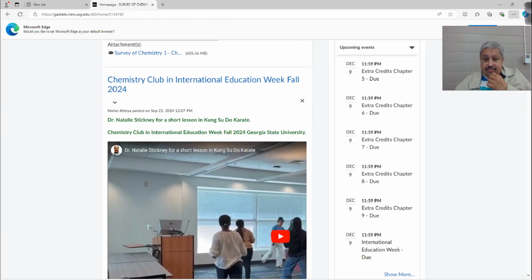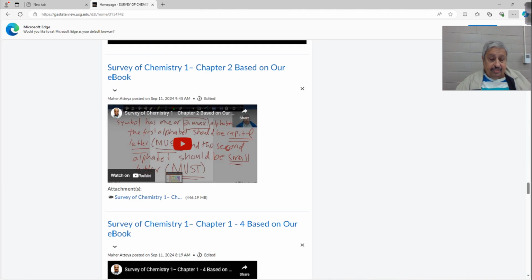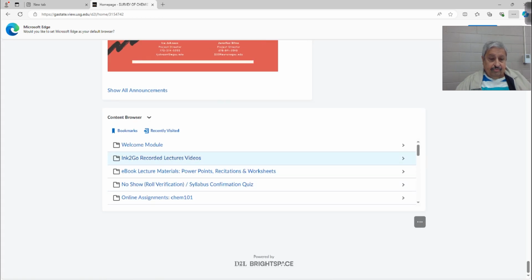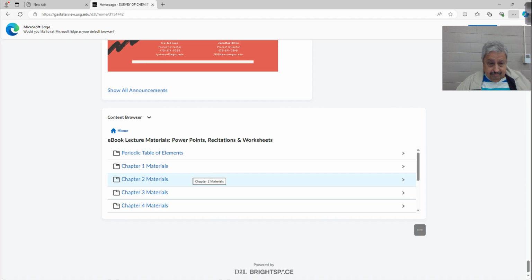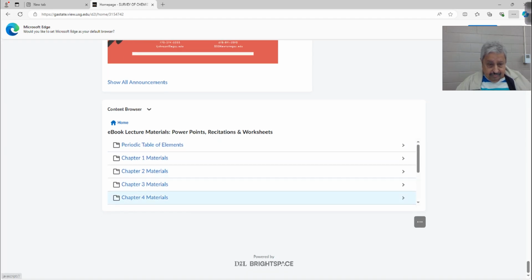Now let's look at the folder area. That's where all your information is. The bottom of the announcement section is your folder. This is called the folder area or course content browser or whatever. This is all your information about the class. If I click the PowerPoint here, any chapter I can go there. So chapter 4.